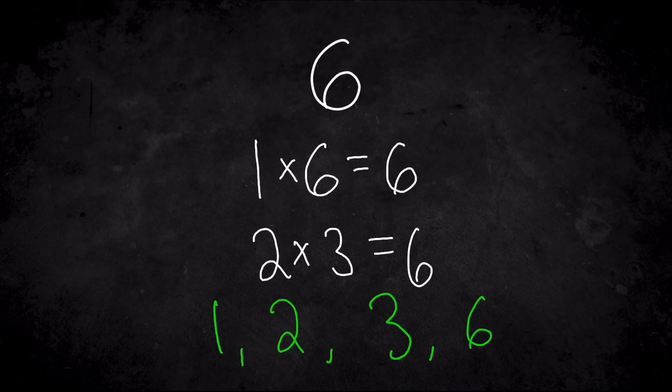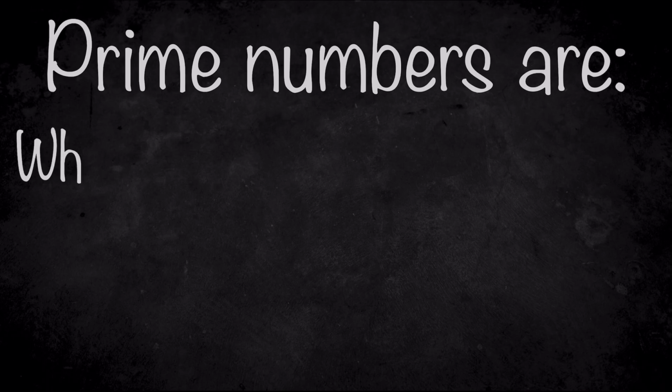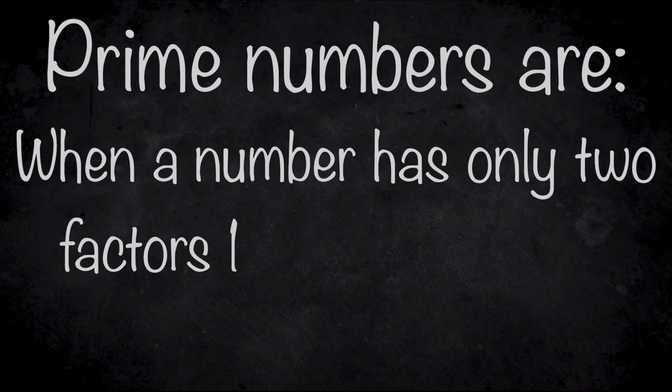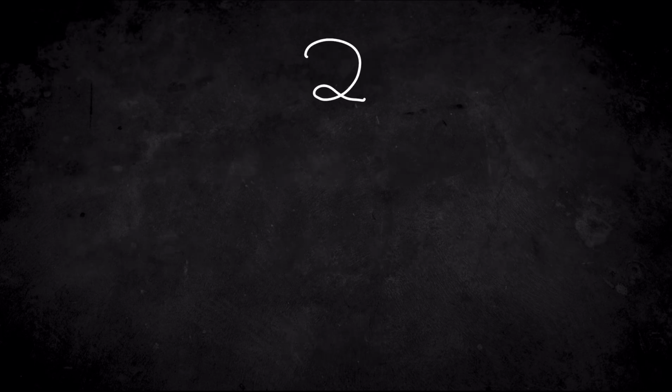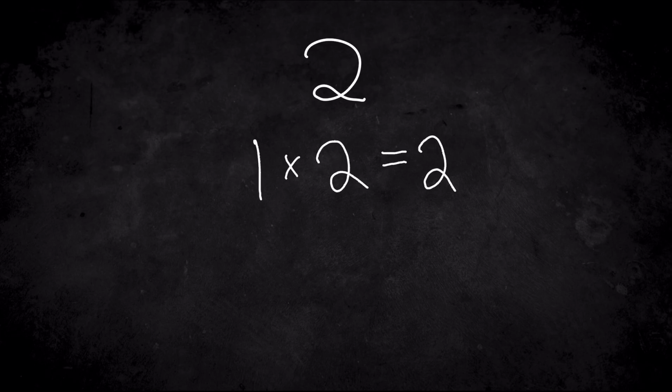Now that we have reviewed what factors are, we can now learn what prime numbers are. Prime numbers are numbers that have only two factors, 1 and the number itself. So we could do this as 2. 1 times 2 equals 2. No other whole number times another whole number would equal 2.